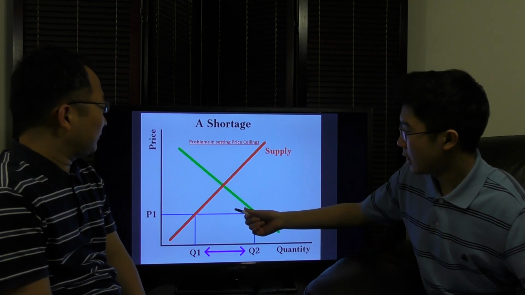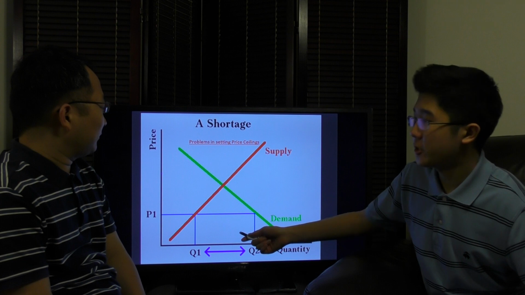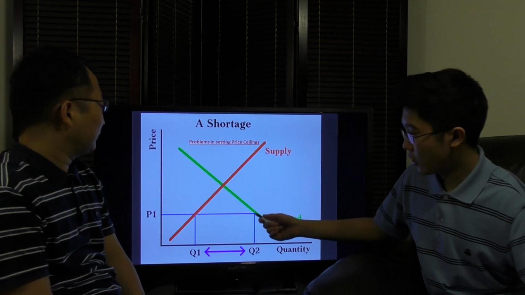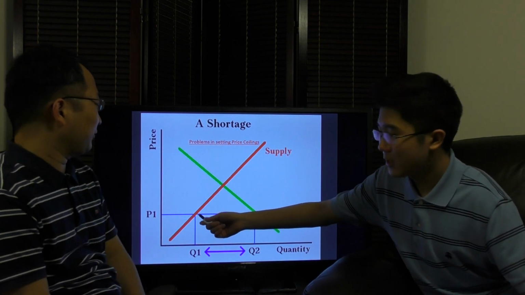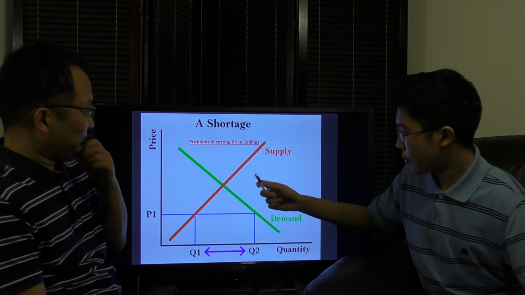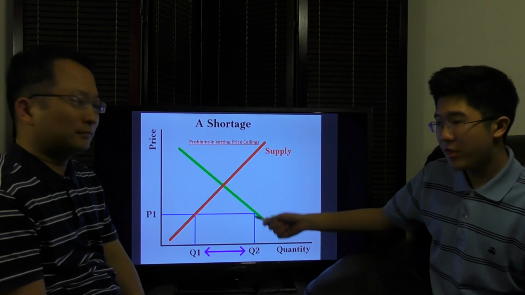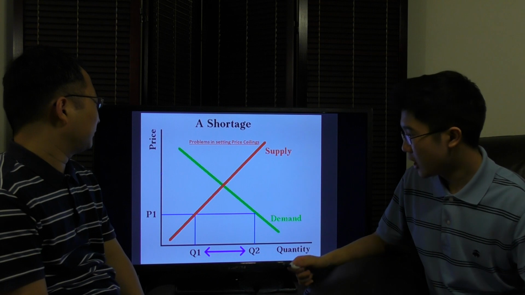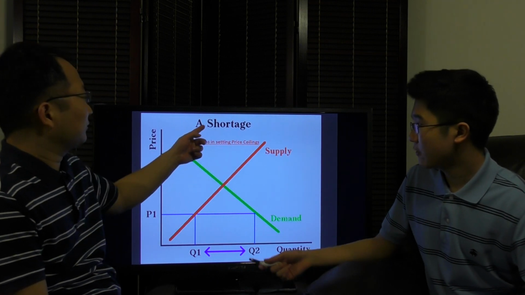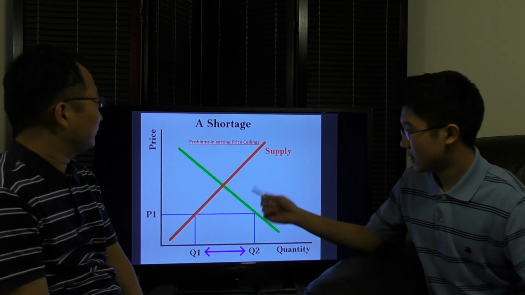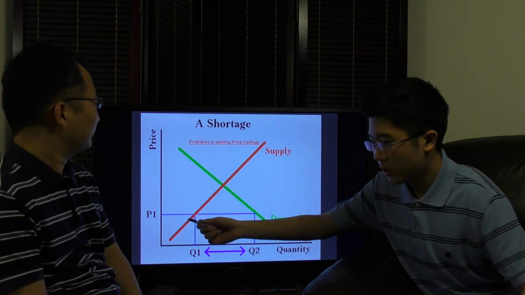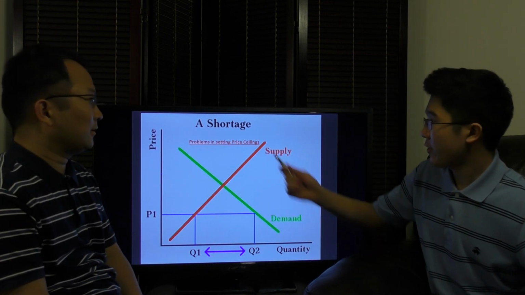A lower price causes more quantity demanded because of the law of demand, but less quantity supplied because of the law of supply. When the quantity demanded is larger than the quantity supplied, we have a shortage, because there is not enough to satisfy everybody who demands the good at the price ceiling. So we have a shortage.